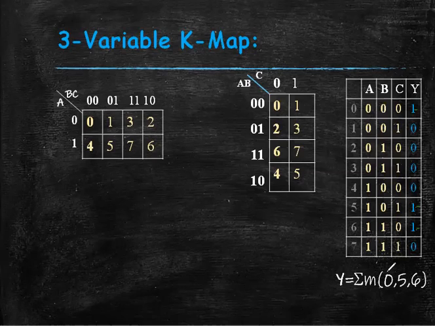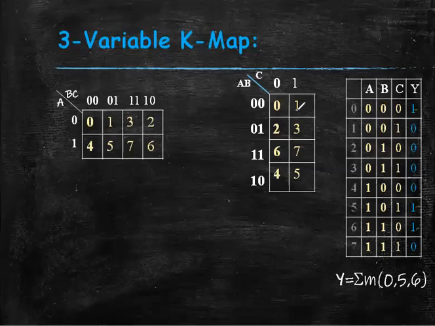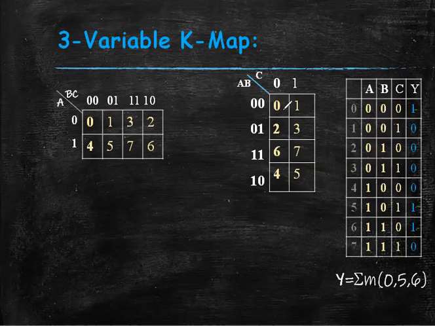And then we are going to obtain its K-map. What we have to do? We have to put a 1 in the positions of 0, 5 and 6. In this format, we have to put a 1 in the position of 0, in the position of 5 and in the position of 6.